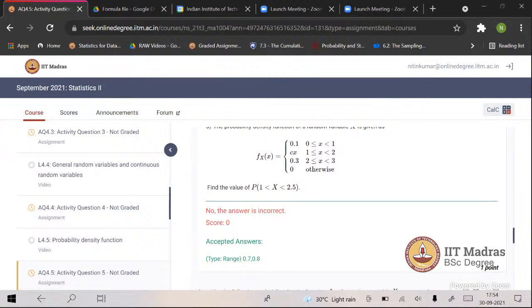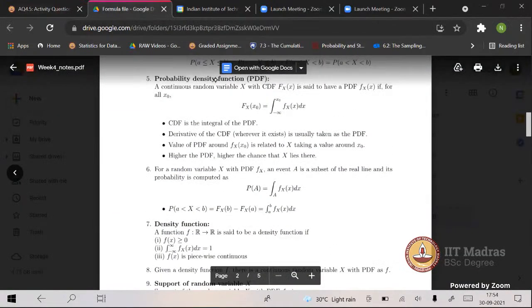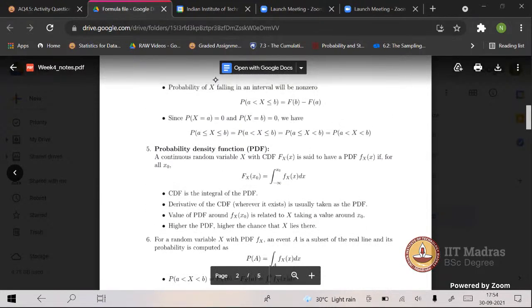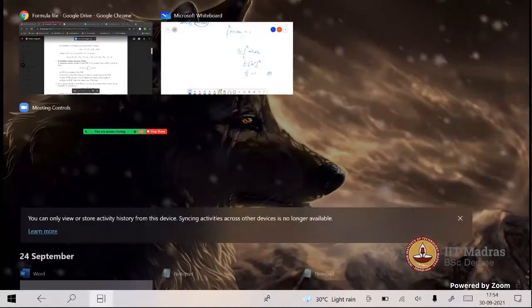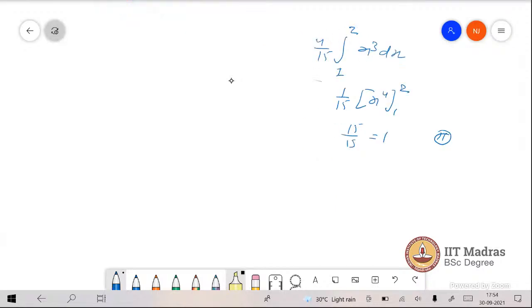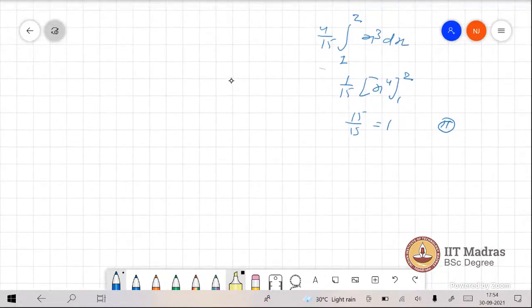Okay, now let's come to the PDF of a random variable x. How do you define the PDF of a random variable x? It is the differentiation of the CDF.